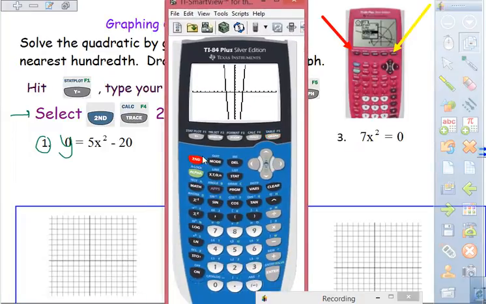So I'm going to hit second, trace, and I'm going to hit number 2 to find my 0. And we anticipate our answer to be here. So I'm just going to move my cursor until I'm on the left side of that 0, and I'm going to hit enter.